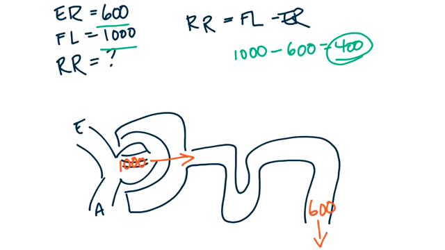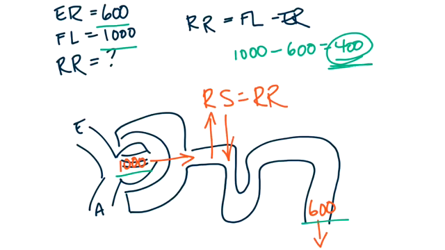So the question is asking about the net reabsorption rate, which is the reabsorption and the secretion. So this is the net reabsorption rate. If we take 1,000 minus 600, we can deduce how much of the substance is being reabsorbed. Again, because it's a positive value of 400, we know that the net reabsorption rate is moving this way, and it's a value of 400.